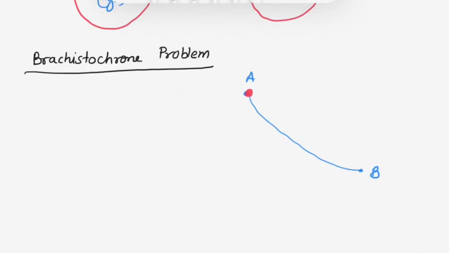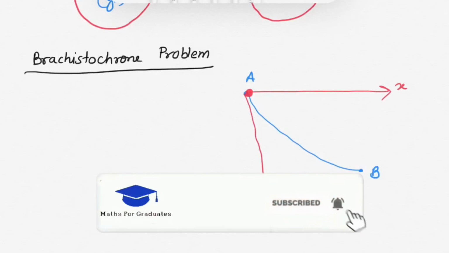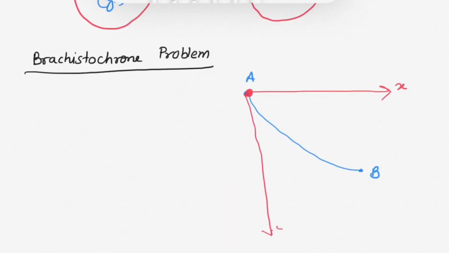First form a coordinate axis according to our convenience. Suppose this is the x axis and this is the y axis. This point A is at the origin, so this is 0 comma 0, and suppose point B is a comma b.